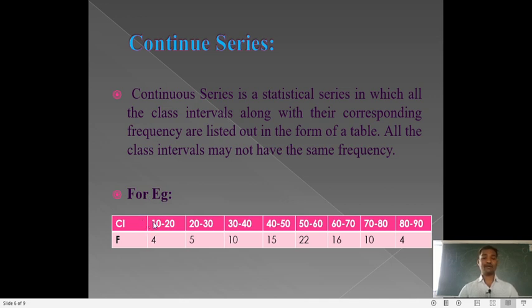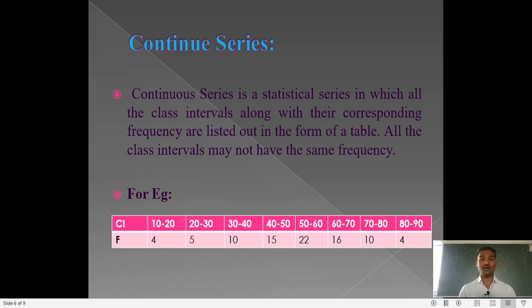Here the class intervals are 10 to 20, 20 to 30, 30 to 40, 40 to 50. In a continuous series there are class intervals and frequencies. The frequency in the 10 to 20 class is 4, then in the 20 to 30 class it is 5. So this is an example of a continuous series.